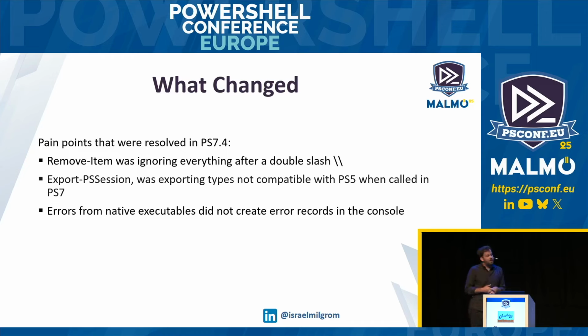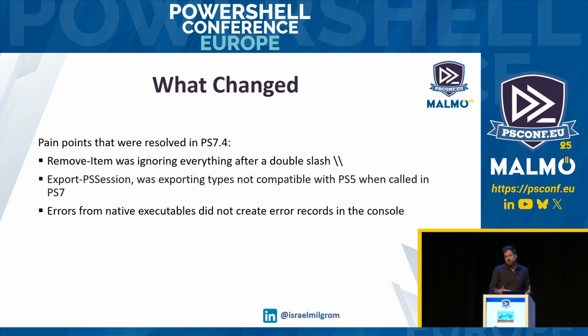The last one was a deliberate change in behavior: anytime you execute a native executable in PowerShell 7, it would simply drop all the output into the result of the command and didn't raise an error record in the same way that it did in PowerShell 5. So in PowerShell 5, maybe you didn't need to wrap your native command so much because you just expected that any error would automatically stop the script.